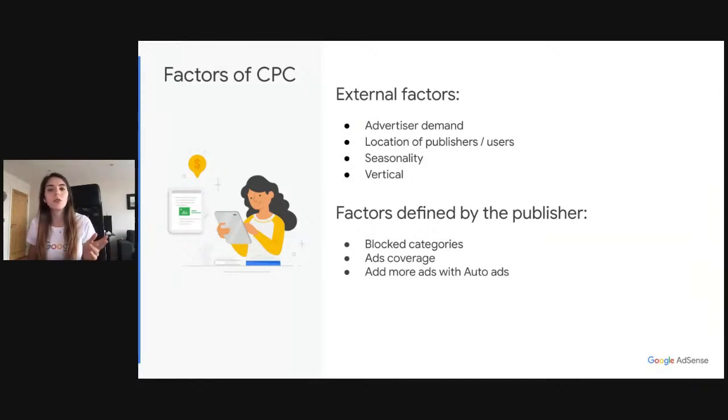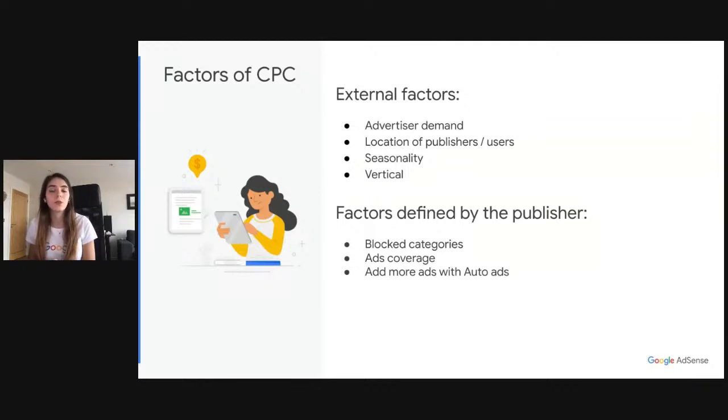Like I mentioned, all of you joining us today are from different markets. If you're operating in different markets, you can see in your AdSense countries report that each country may have a different CPC, a different CPM, and a different earning. So location and geography is also a factor.